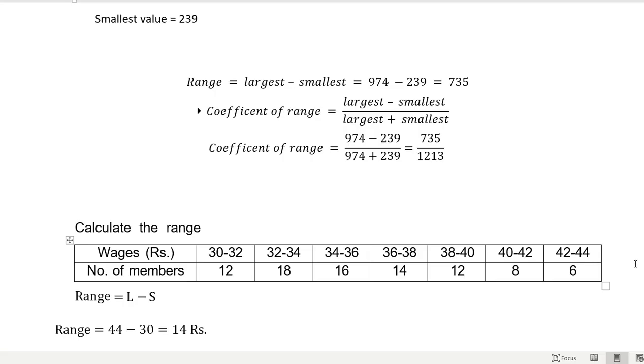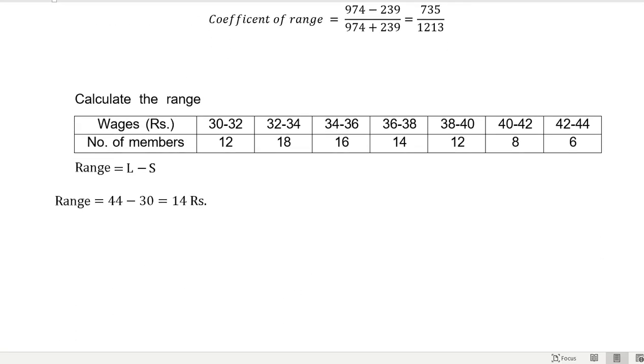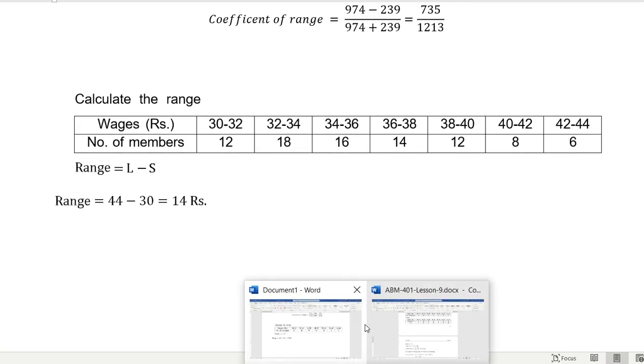The last class has the maximum value, which is 44, so the largest value for the whole data set is 44, and the smallest value is 30. The difference between these two is the range. So this is quite easy. Now see here, we are ignoring all our other observations. That's why it is considered a very weak measure of dispersion. That's all for the measure of dispersion.